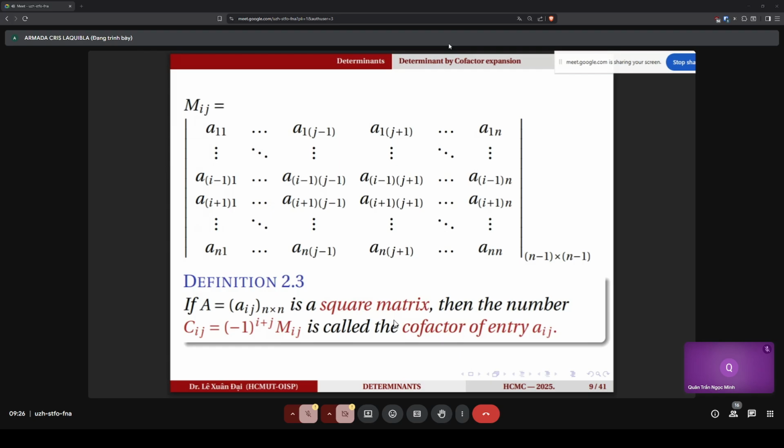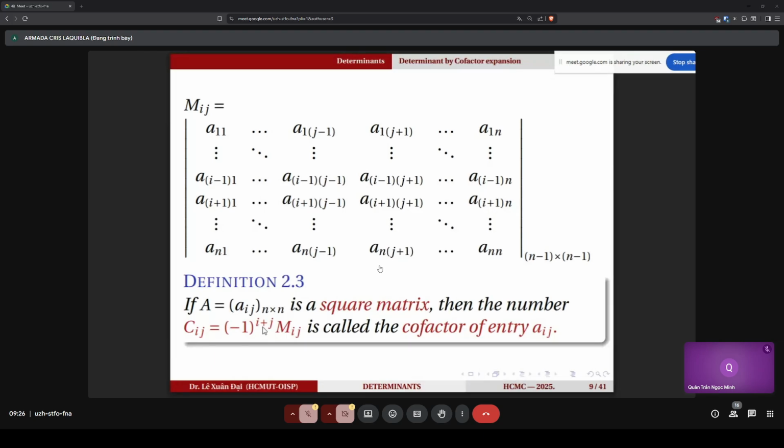So next we have another definition. If A is a square matrix, then the number Cij. Now for the Cij, we will add the sign of your Mij, whether it is positive or negative. So negative 1 to the power of i plus j there.